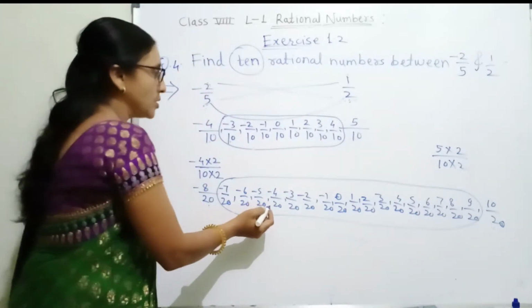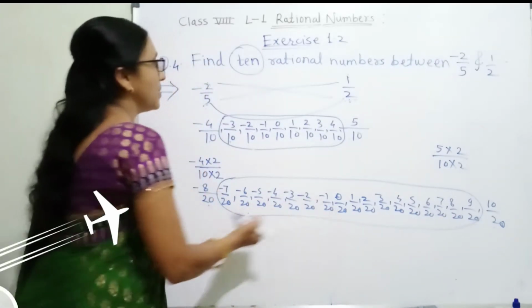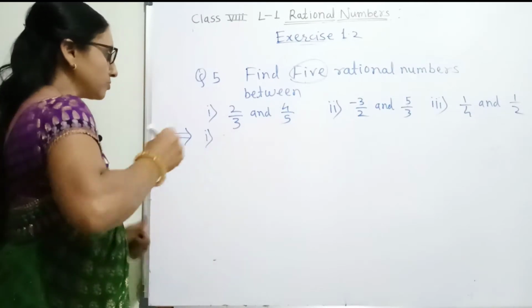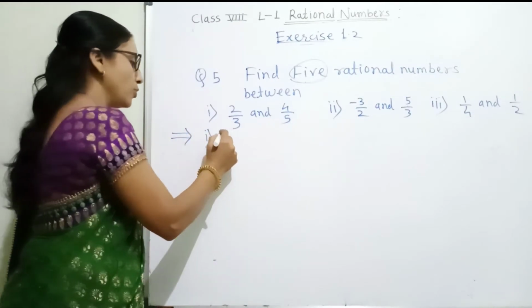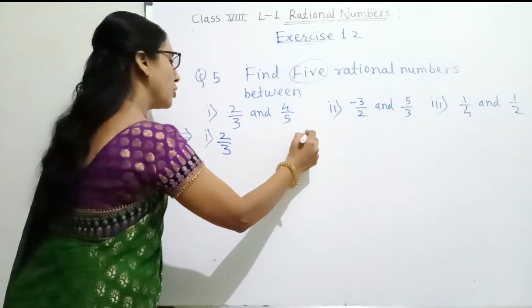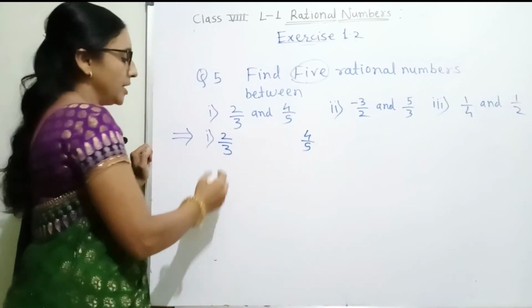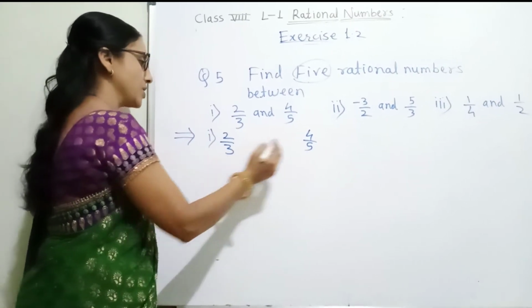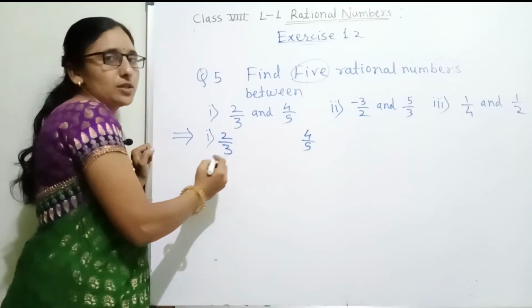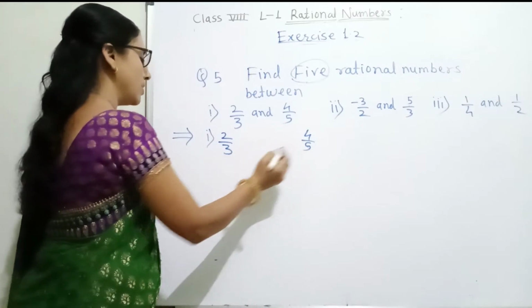Out of these numbers we can take any 10 numbers. Example: find 5 rational numbers between 2 by 3 and 4 by 5. Denominators of these two rational numbers are not equal, so make the denominators equal first.